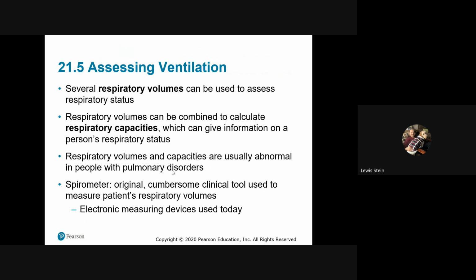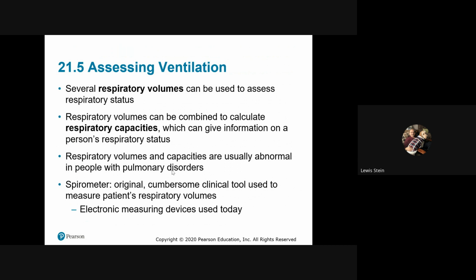These are the tools we use, with the device that I'll show you in lab on Thursday, when we begin to look at something called vital capacity. The first volume is the tidal volume. Now, if you take your deepest breath, you can always bring in more when you forcibly inhale than you can expel when you forcibly exhale.